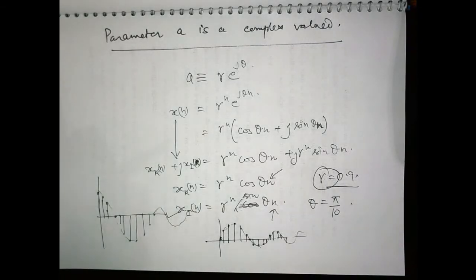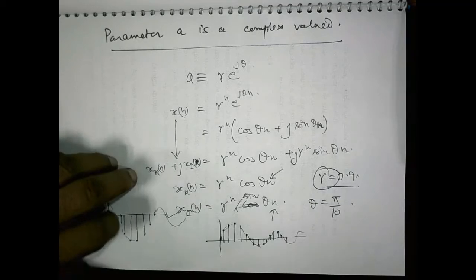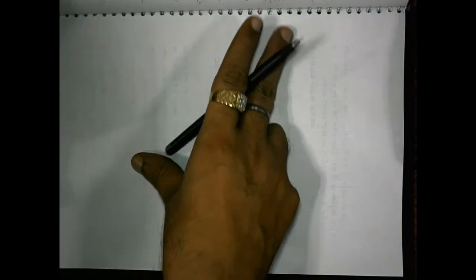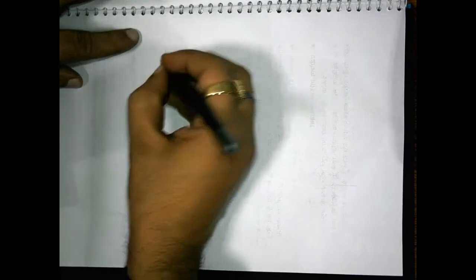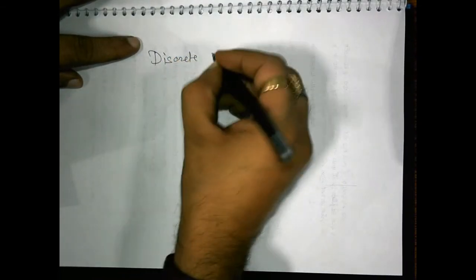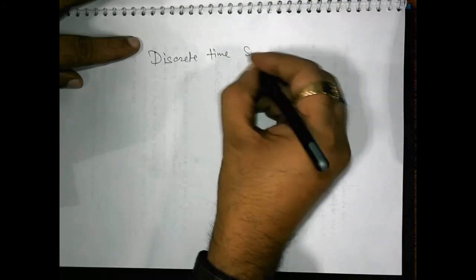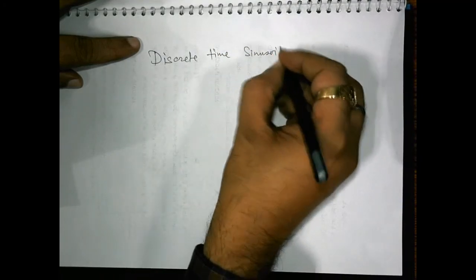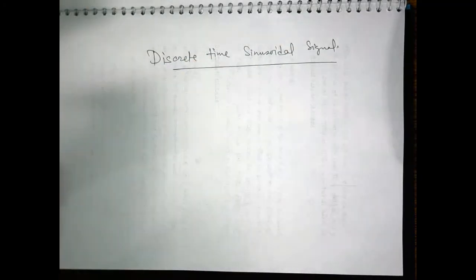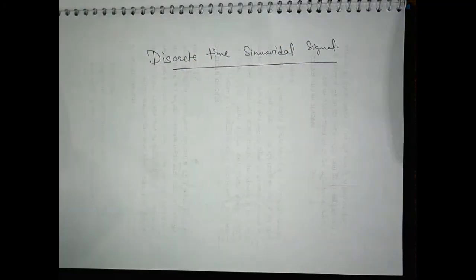We have a very applied signal in discrete time signals, very useful, which is known as the discrete time sinusoid. So let us discuss the discrete time sinusoidal signal.